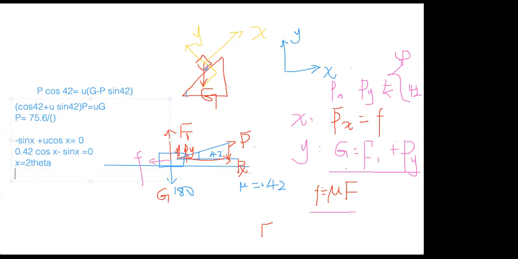Then we can have 0.42 cosine 2 theta minus sine 2 theta equal to 0. Can we do this? Then we can convert to a theta, then we can try to solve for theta, and then solve for x. That's just my thought. I don't know if it works.